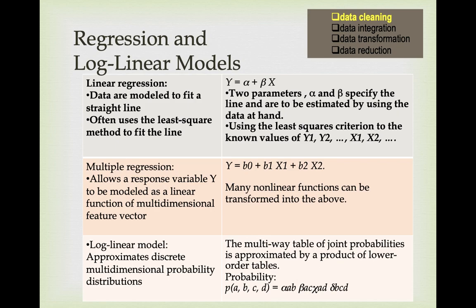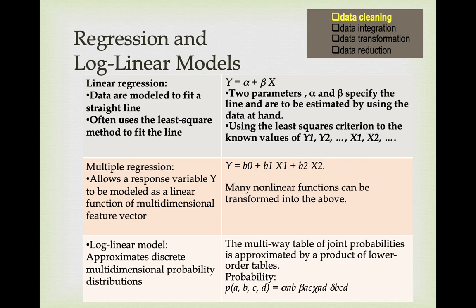As you can see, two parameters, alpha and beta, specify the line, and they are to be estimated using the data at hand, using the least square criterion on the known values of y1, y2, x1, x2, etc. Multiple regression allows a response variable y to be modeled as a linear function of a multidimensional feature vector.